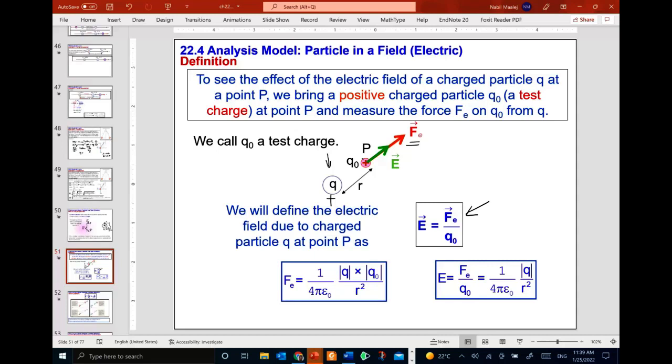This is the vector equation, and so in fact, if Q0 is positive, E and F are in the same direction.